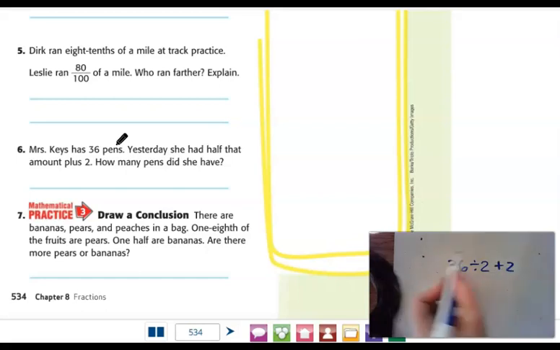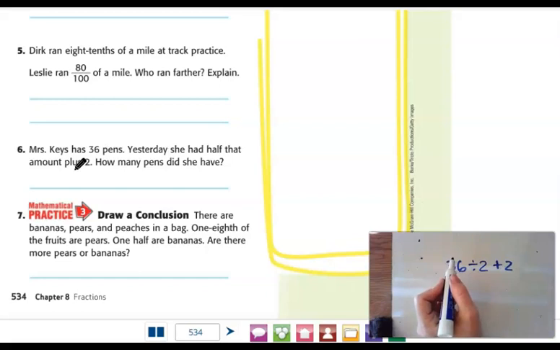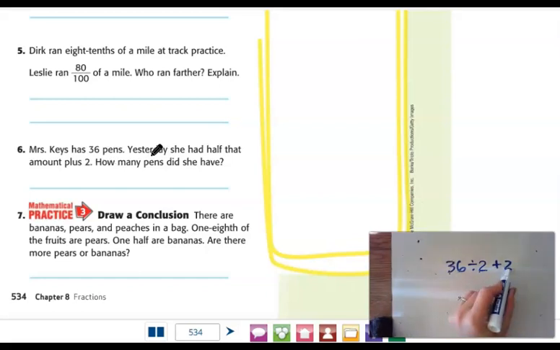And that's basically taking what it has in words and putting into math. 36, half that, plus 2. So 36 divided by 2, and then I'm going to add 2 to that. You can do that, and you're going to write the sentence, Mrs. Keys had blank pens yesterday. Okay, you can do that math.